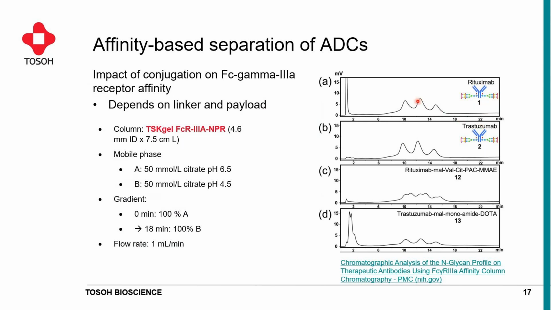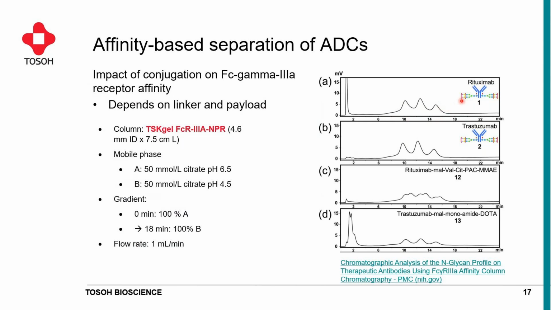And what we typically see is that we have a 3-peak chromatogram, meaning low affinity to the receptor, and high affinity and mid affinity to the receptor. Again, correlating to not so good cell killing activity by the mechanism and very good cell killing activity by ADCC.